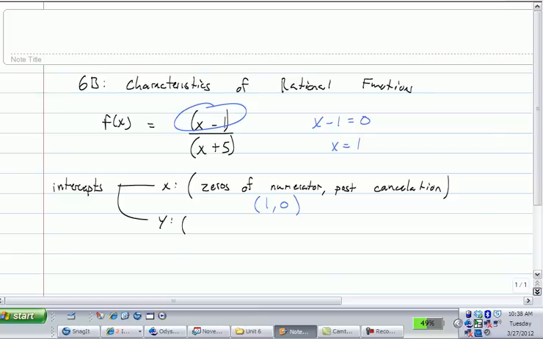So now we're looking for the y-intercepts. That's when x is equal to how much?